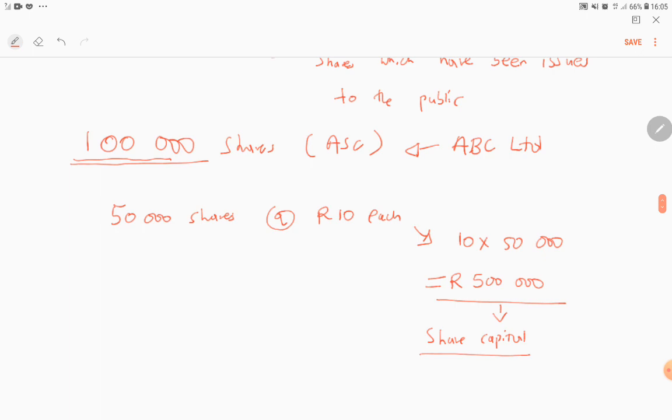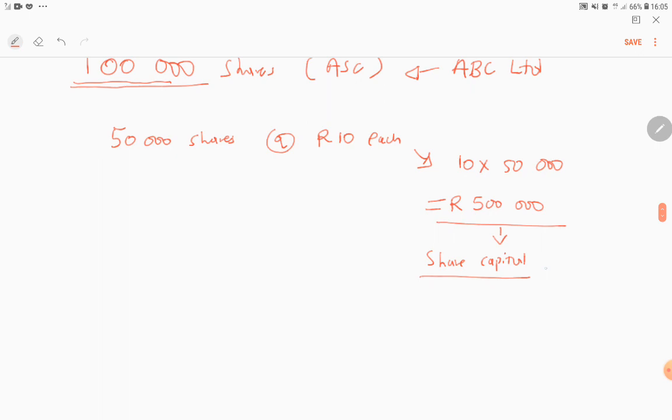Shareholders. This is the amount that is contributed by the shareholders into the company. This is called share capital: the amount invested by shareholders into the company.